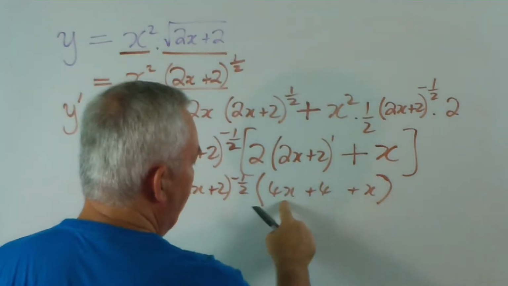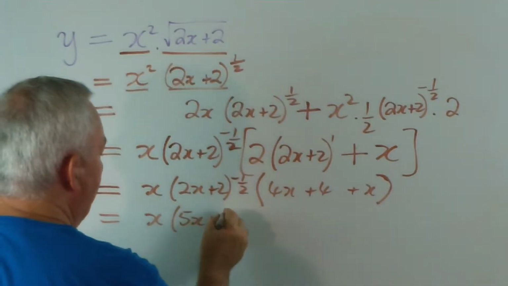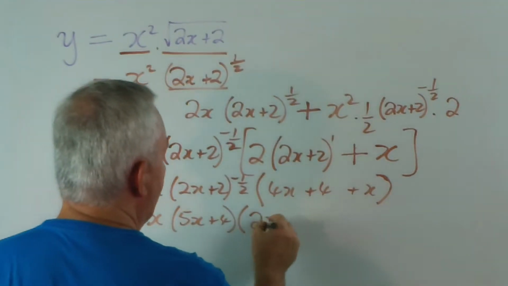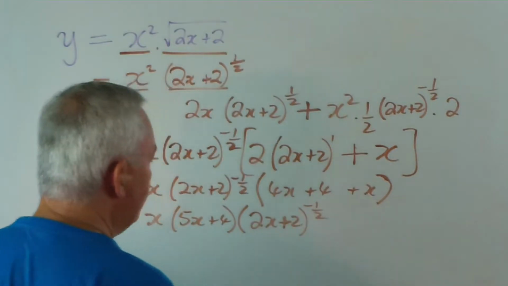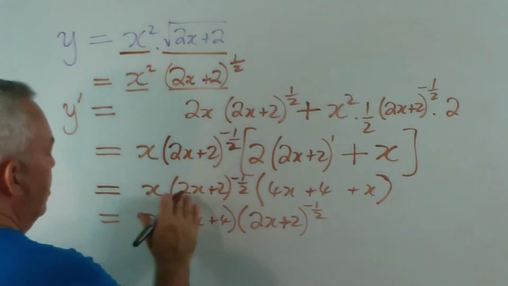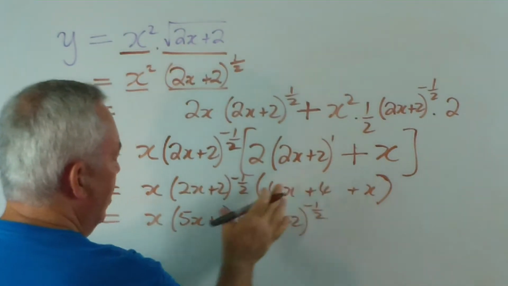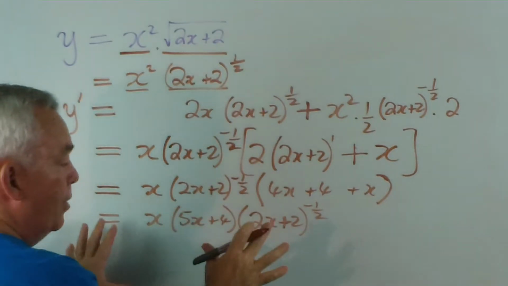That's going to be 4x and x is 5x plus 4. And then this part is the most complicated, if you like, so it'll go last. So there we are, 1, 2, 3 bits, but we rearranged them a little. Left the x there, simplified that and put it there, put that there. And we would leave it at that.